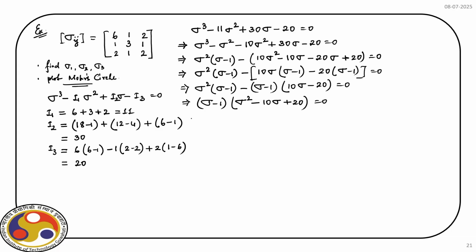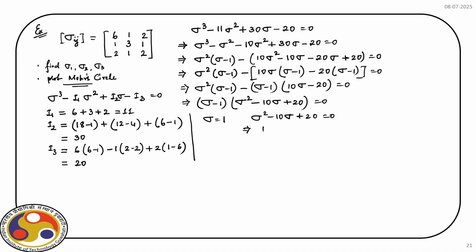So, the first root we have here sigma is equal to 1. The remaining two roots we can solve this quadratic equation. So, for the remaining two roots we have sigma square minus 10 sigma plus 20 equal to 0.